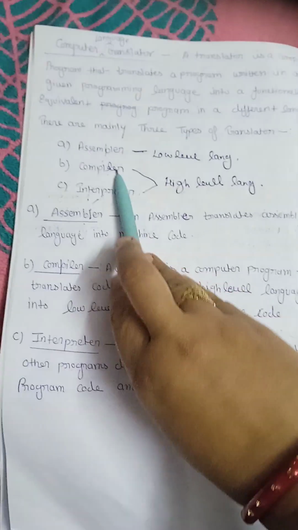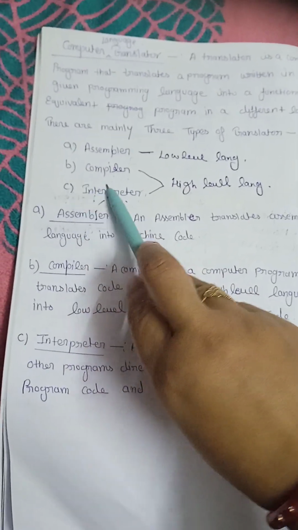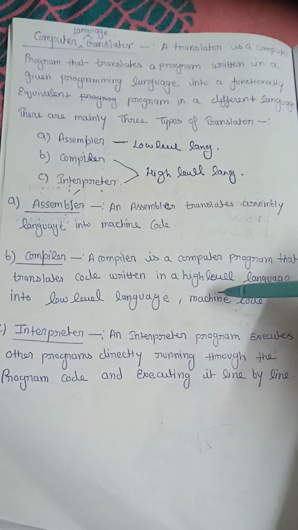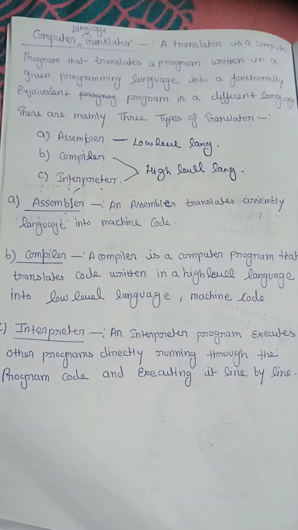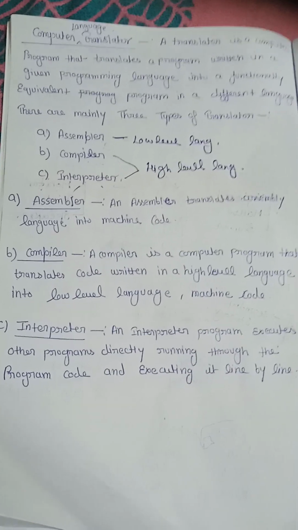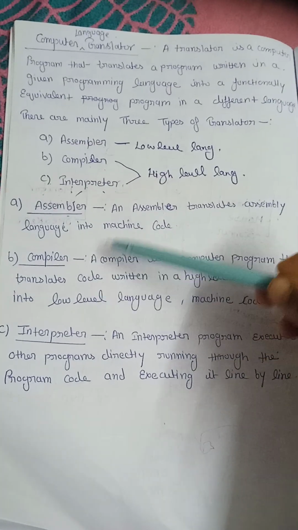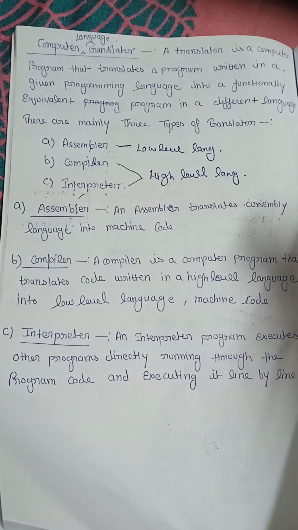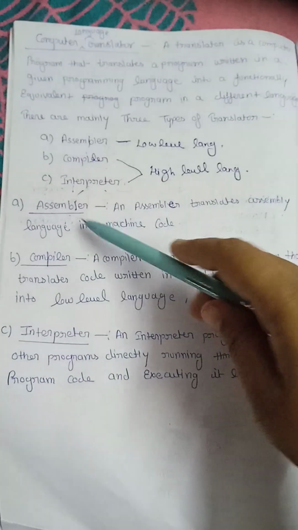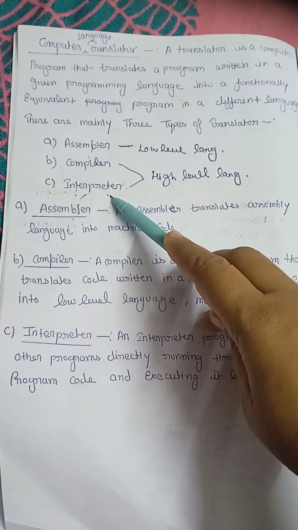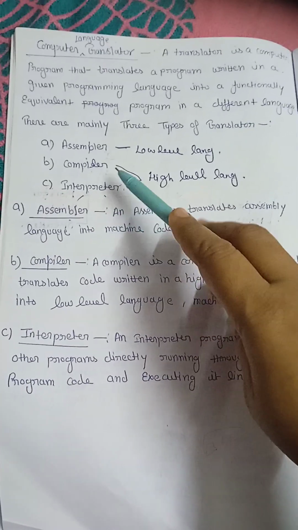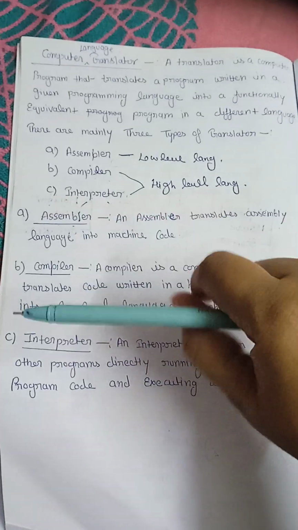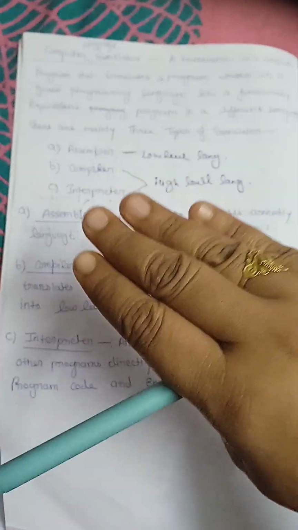What is a compiler? A compiler converts a computer program into machine language. A compiler scans the whole program at once and gives the errors. An interpreter is also a translator. It acts like a compiler, but the difference is that the interpreter works line by line.